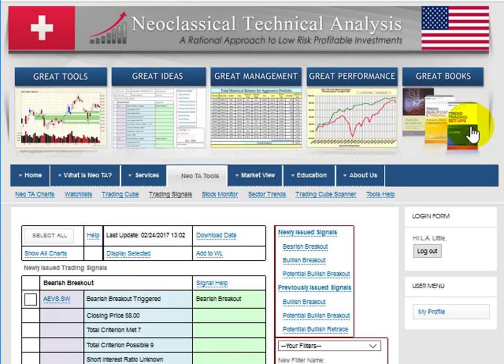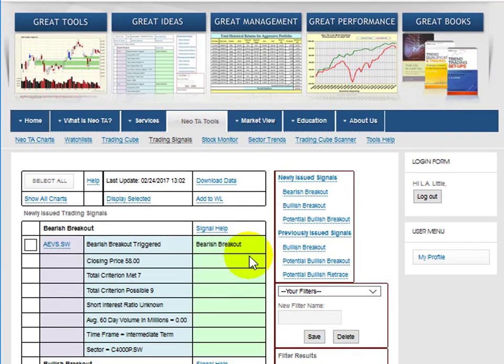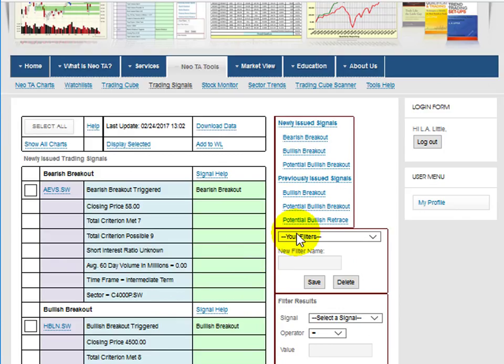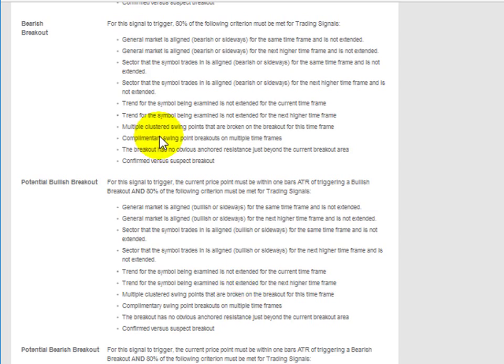And we said, we can make up some rules that actually work pretty well to identify which stocks have the best possibility of continuance if they break out, and the best probability of buying or selling them if they're retracing. And you can find all those criteria, and I'll just click on this one, over here in the help.